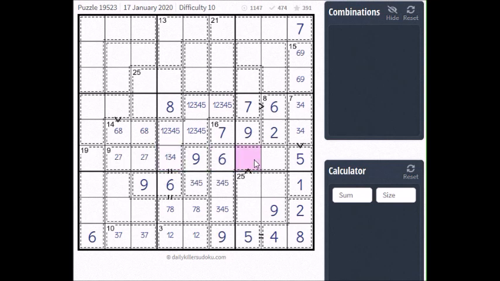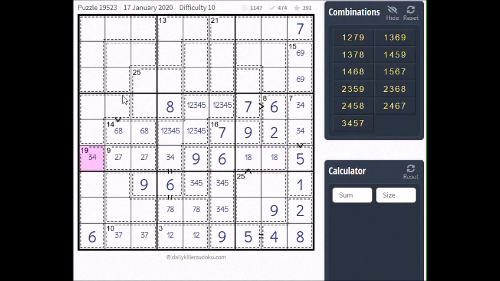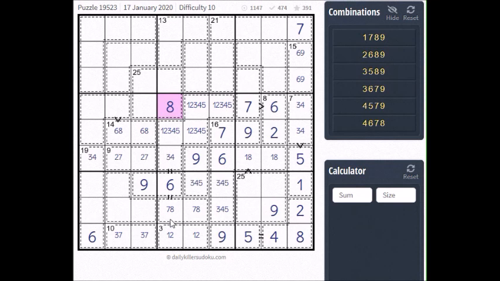This cannot be 1 because of the 1 here. It must be 1, 8, and this would be 3, 4. Now notice that the 8 here would make this 7, 8.